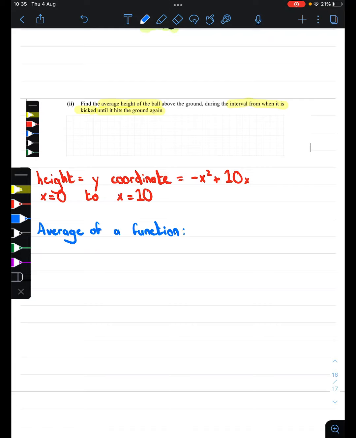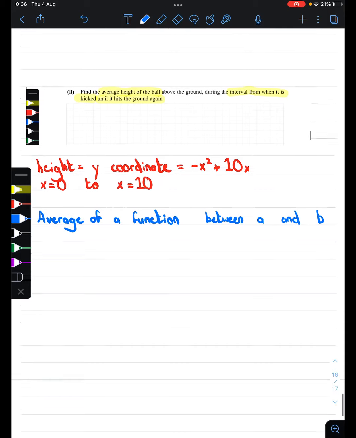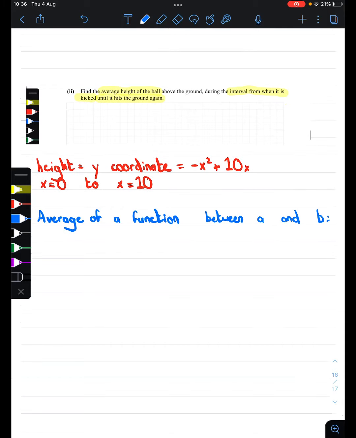So the average of a function between a and b is 1 over b minus a times the integral from a to b of the function f of x dx.